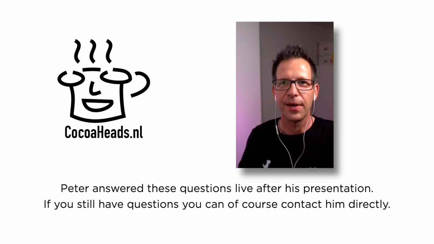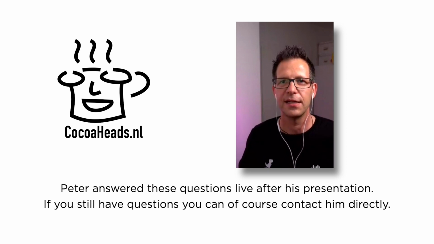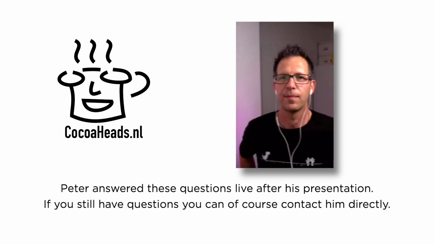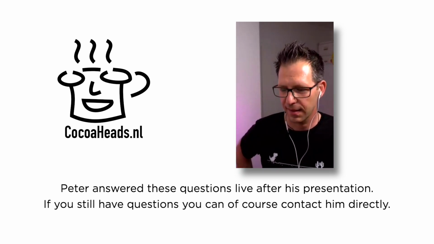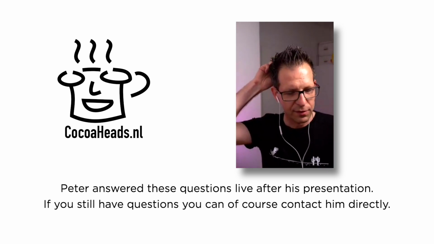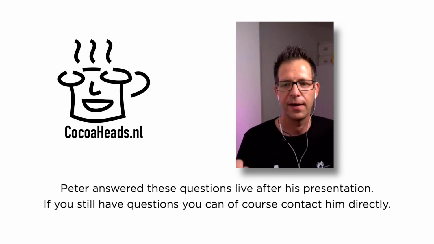Let me see, where is the next question? Okay. How do you make rules to share data for selected users? So when you write security rules, you get access to a couple of things via variables.